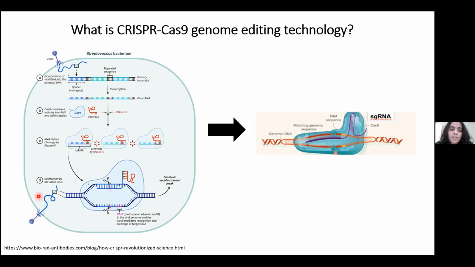And when the same virus invades the cell again, a complex is formed with the viral genome, the Cas9 enzyme, and the tracer RNA, and the genetic material of the virus is chopped up and degraded. So this is used to our advantage as a gene editing tool in animal models for generating whatever manipulations we want.